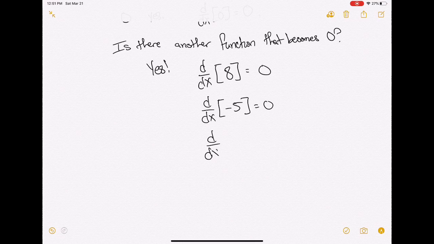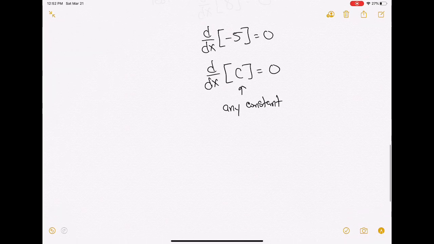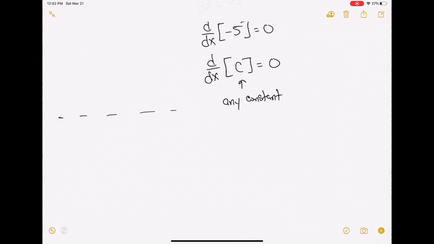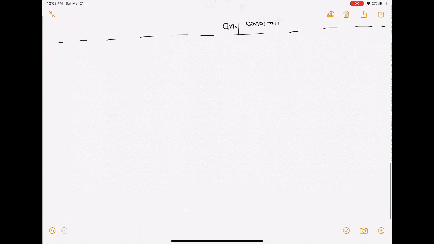D dx, and now I'm going to write this in the way that we're going to see it very often. D dx of c, any constant, becomes 0. And you guys are all like, yeah, we've been doing this for 3 months now. Well, d dx of any constant becomes 0. If that's true, then this antiderivative of 0 has to be any constant.